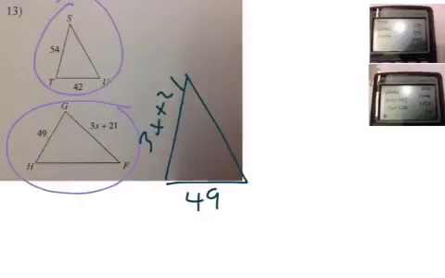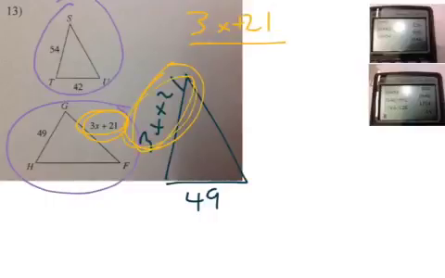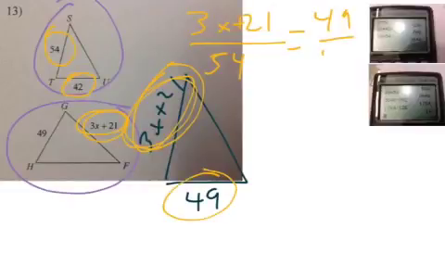So doing our math, does everybody agree, follow the gold, that 3x plus 21 goes with, well, you could see right here, actually better, the 54, because it is the other longer side, right? I don't want to match it with the 42 because that's one of the shorter sides. And keep in the same order, I'm going to go 49 with 42.